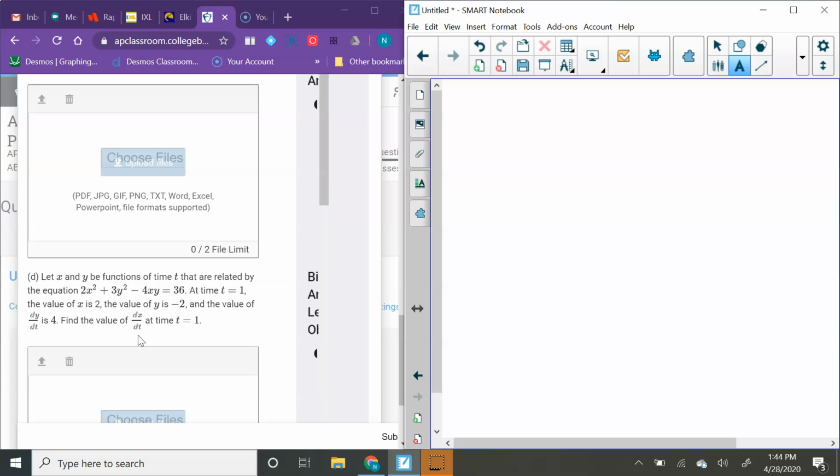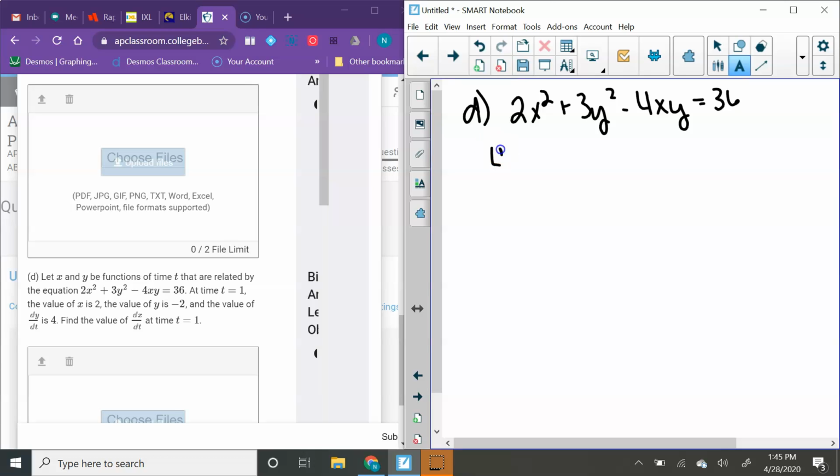So you have to go back to the beginning and start from that equation, 2x squared plus 3y squared minus 4xy equals 36. Instead of taking the derivative with respect to x like you did on part A, you're going to take the derivative with respect to t. For related rates, it's a lot like implicit differentiation, except you're taking the derivative with respect to t, so everything needs that derivative term with it.